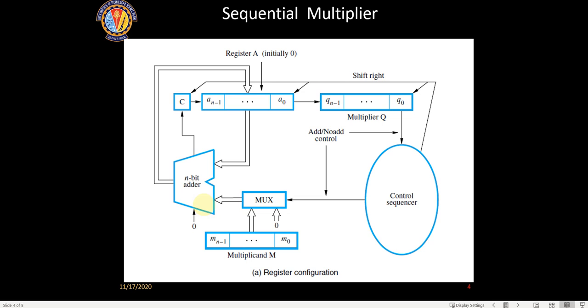So the multiplicand is 4-bit data in this case, and the mux has to sequentially load those 4 bits into the n-bit adder. Not sequentially, all 4 bits will be available in parallel there. The mux can have two 4-bit inputs and one 4-bit output. So it's a 4-bit mux in total. Okay, 4-bit mux.